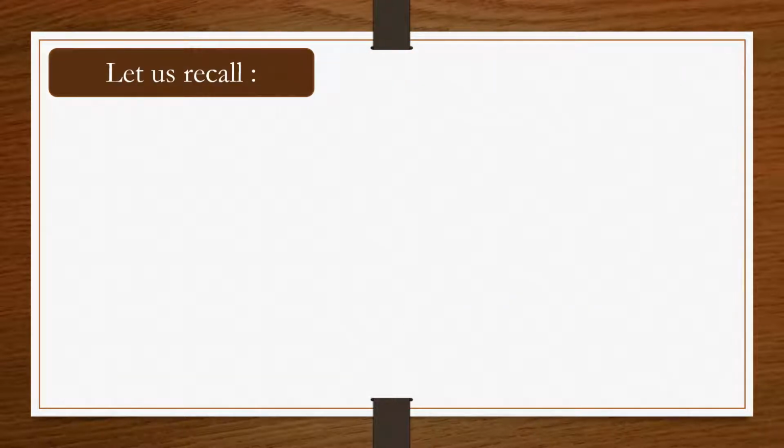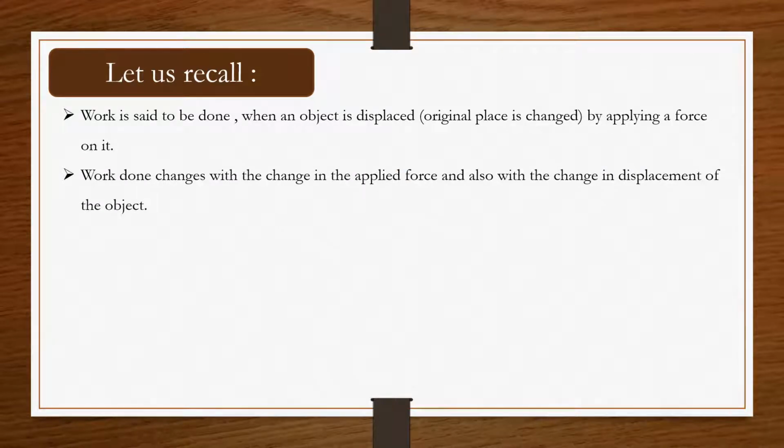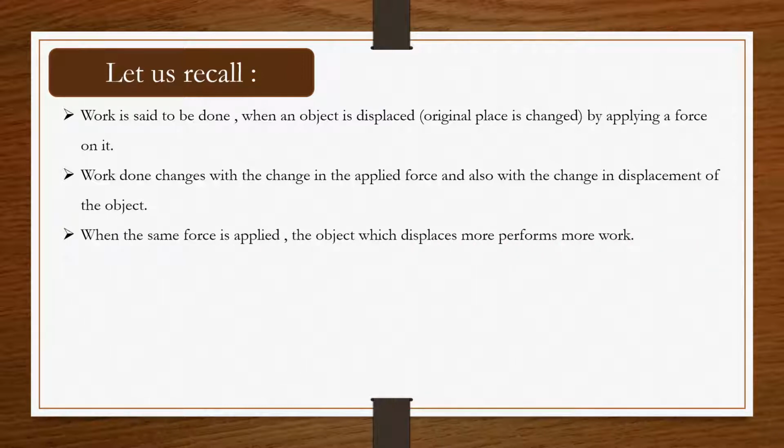Now students, first let us recall what we have studied in module 1. We studied that work is said to be done when an object is displaced, that is, its original place is changed by applying a force on it. Work done changes with the change in the applied force and also with the change in displacement of the object. When the same force is applied, the object which displaces more performs more work.